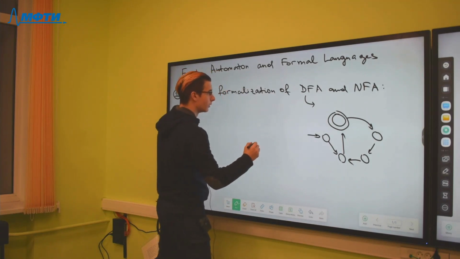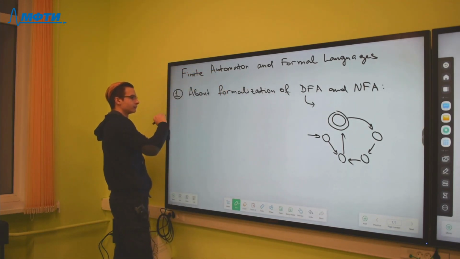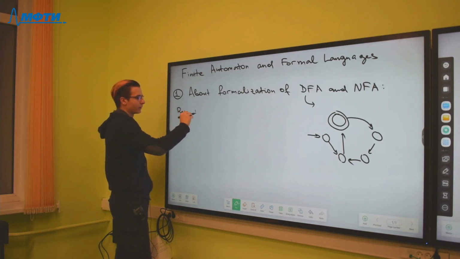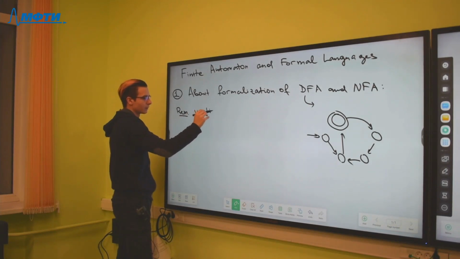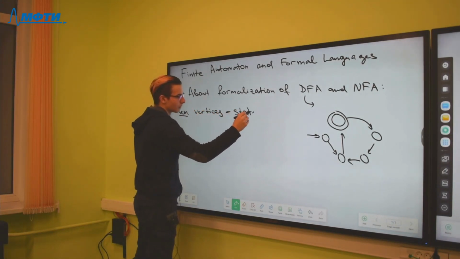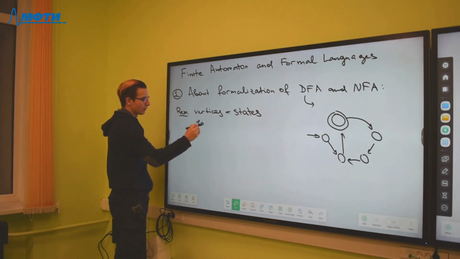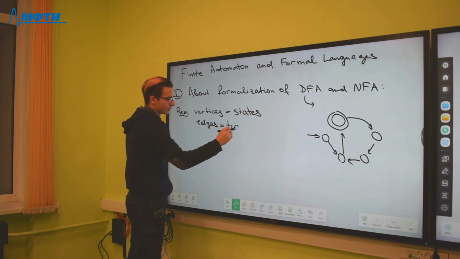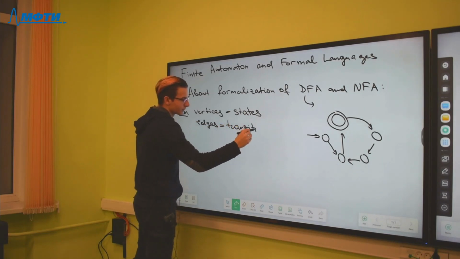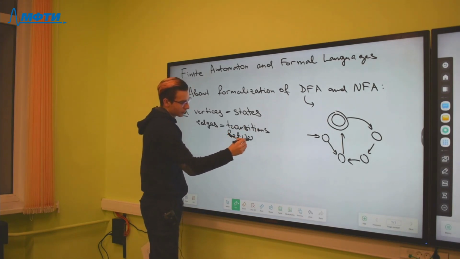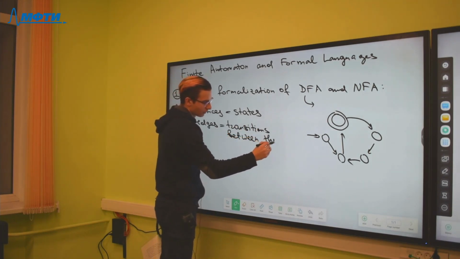Remember that vertices equal states, and edges are transitions between them.